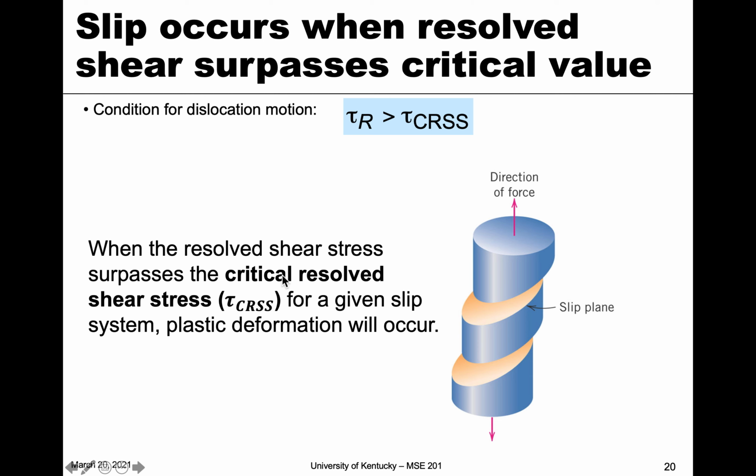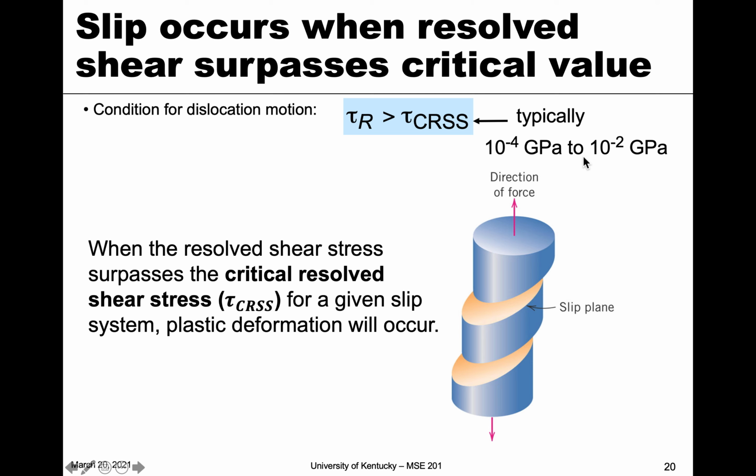So copper in a specific plane and direction will have a specific value at which the bonds will break, and therefore we will have slip. So that's the condition. So the resolved shear stress has to be greater than the critical resolved shear stress.